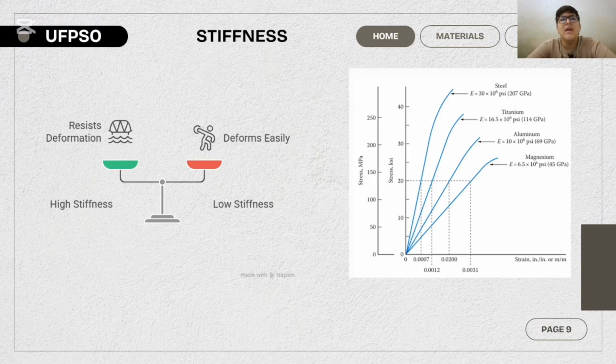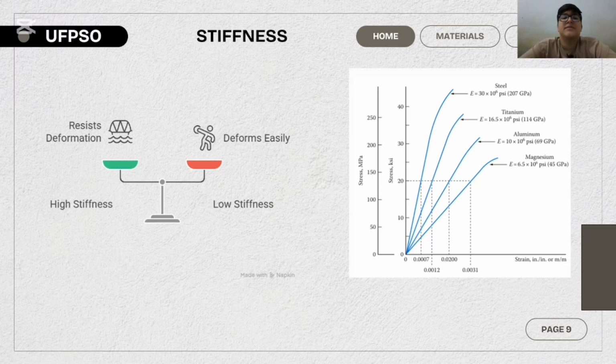In addition, each material has its own stiffness. For example, in the image, we can observe that each material has different stiffness, or Young's modulus, which affects how much stress must be applied to the material to deform it.